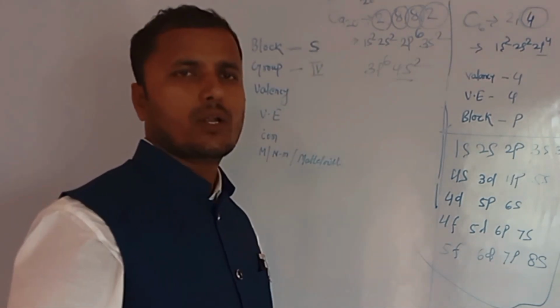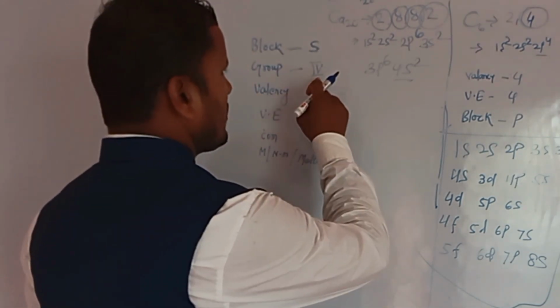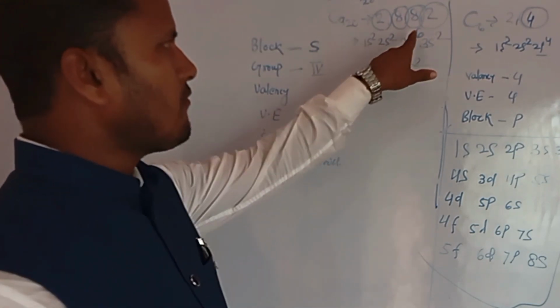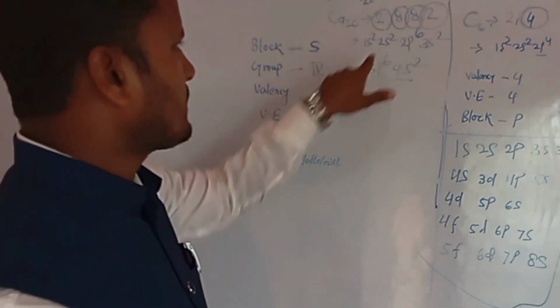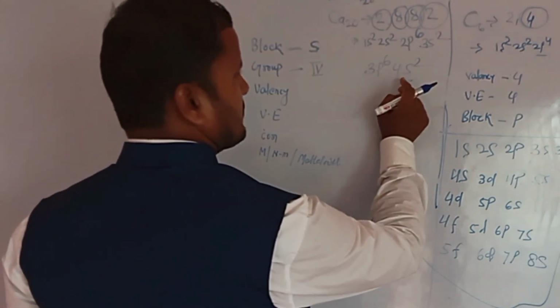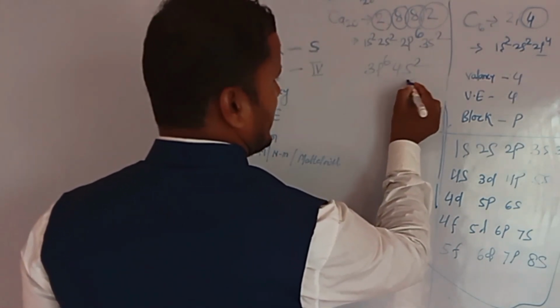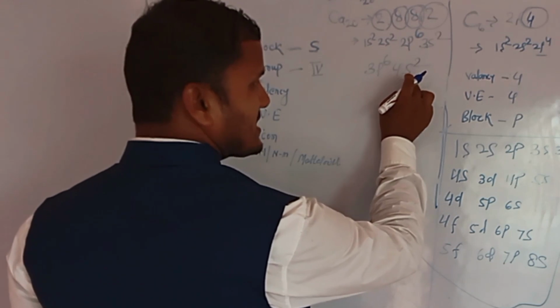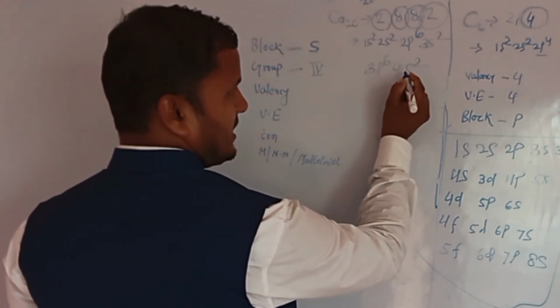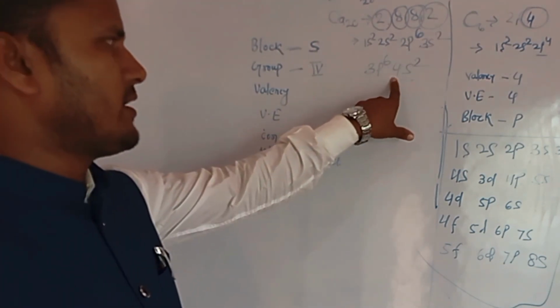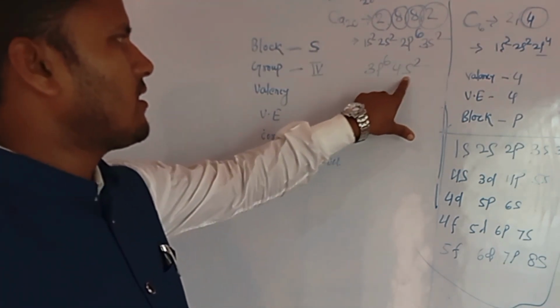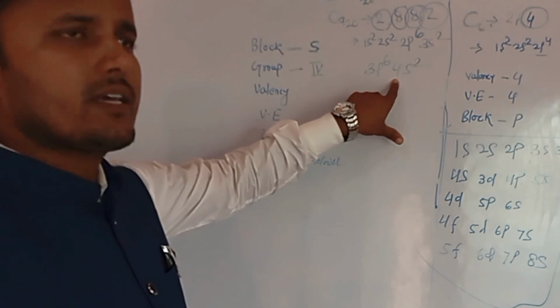Group 4. How do we find it here? The number of the orbit is called group. And after this, the last electron is in block S, and here 4 is available, so we can also find it from here. The digit before the block is called group.